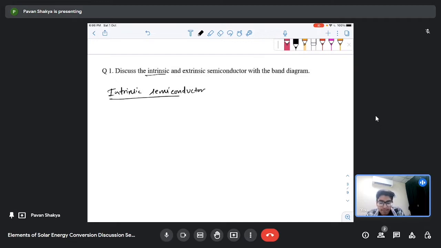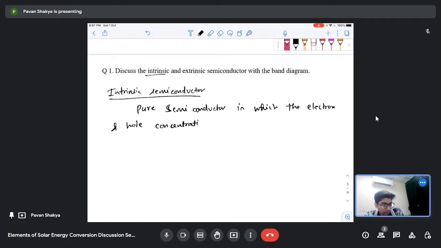Intrinsic semiconductor means a pure semiconductor in which the electron and hole concentrations are equal. In this definition, pure means there will be no impurity.